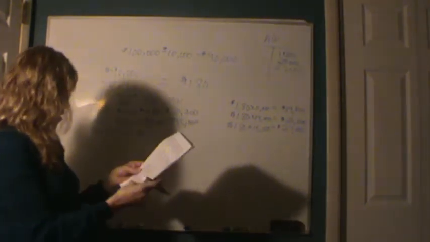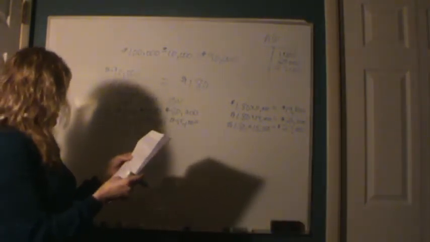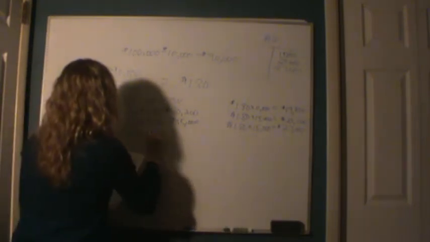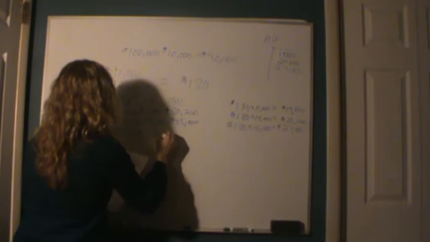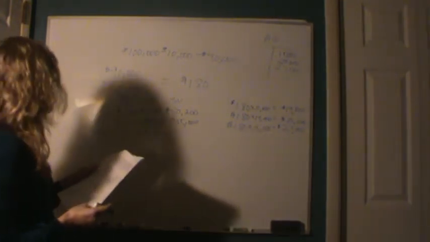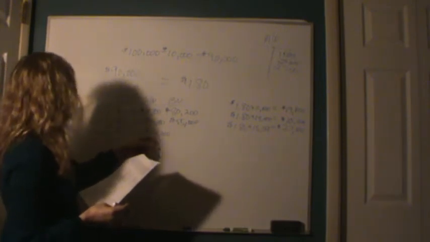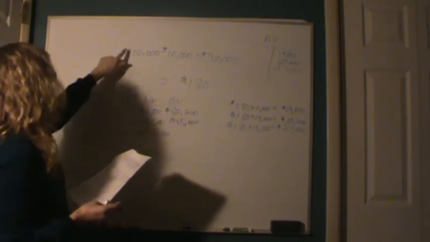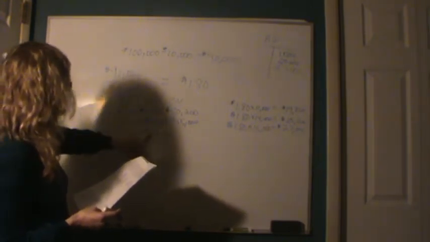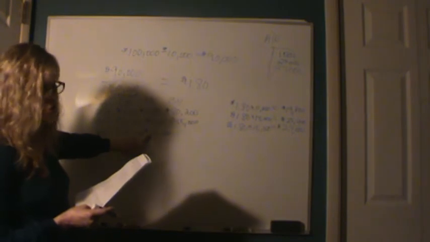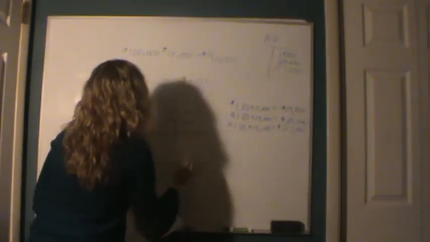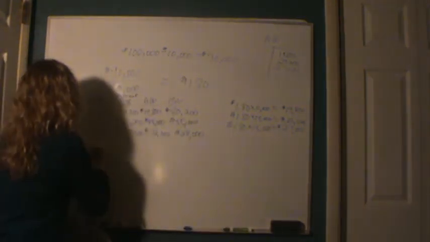We're going to have to add all three of those together. So if we add all three of those together, that gives us accumulated depreciation of $72,000. Okay, now what we have to do is we have to go ahead and determine our book value. Again, total cost is $100,000. $100,000 minus the $72,000 of accumulated depreciation gives us a book value of $28,000.